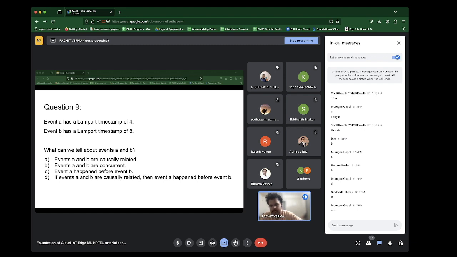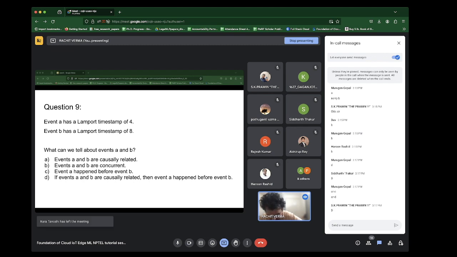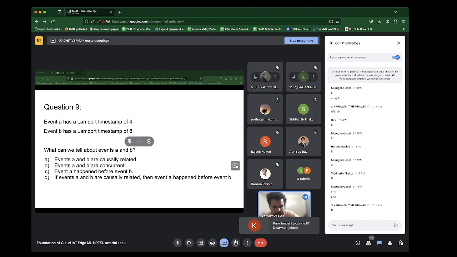Okay. So let's go through the options. If we have the Lamport timestamps of 2 processes, unless this information has been already given to us, we cannot say for sure that the events are causally related.